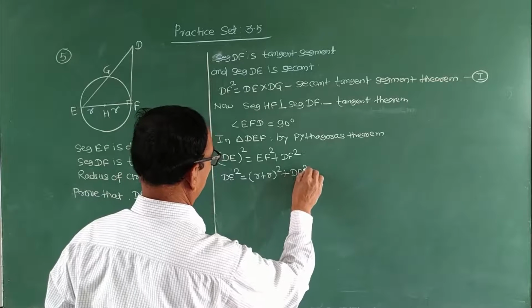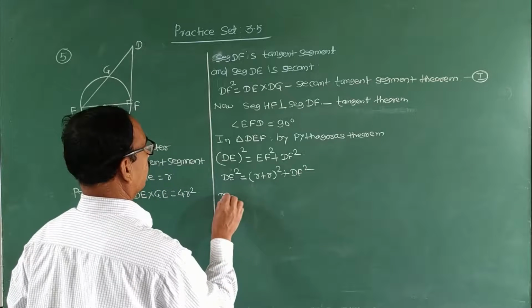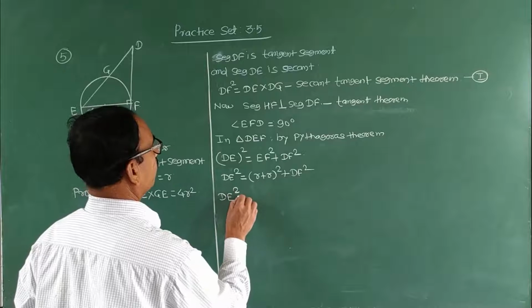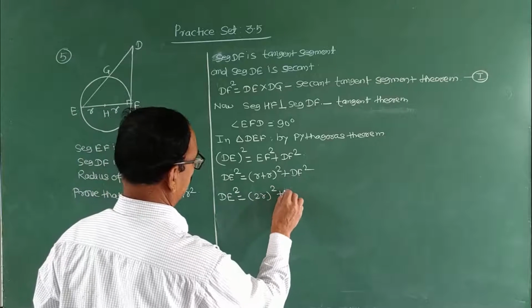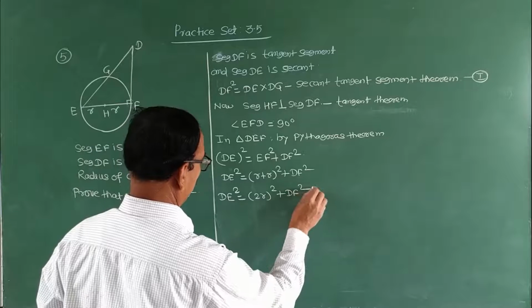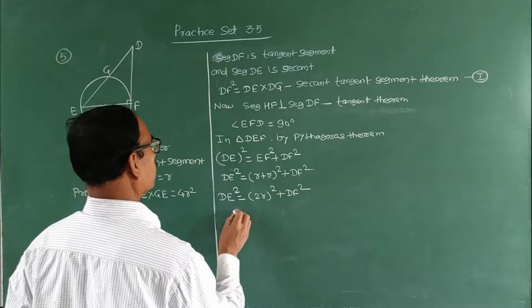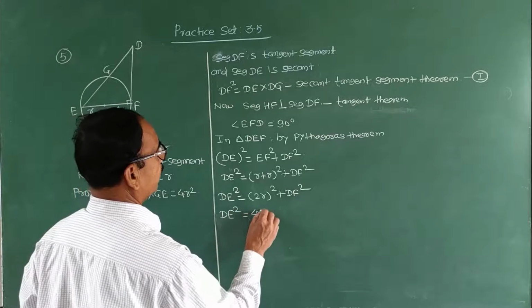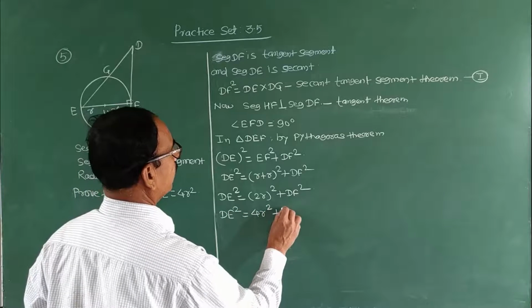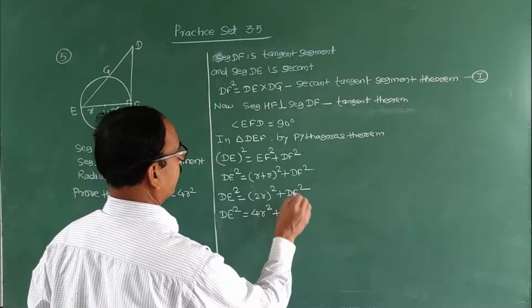So DE square will be equal to (2R) square plus DF square, and DE square equal to 4R square plus DF square.